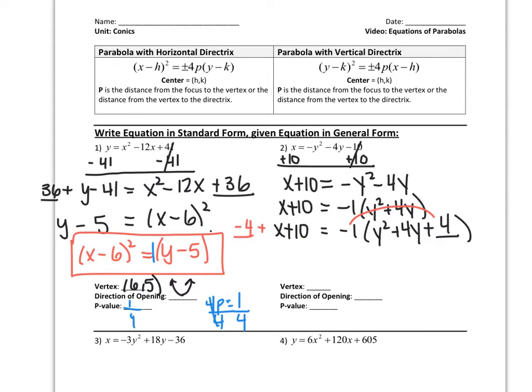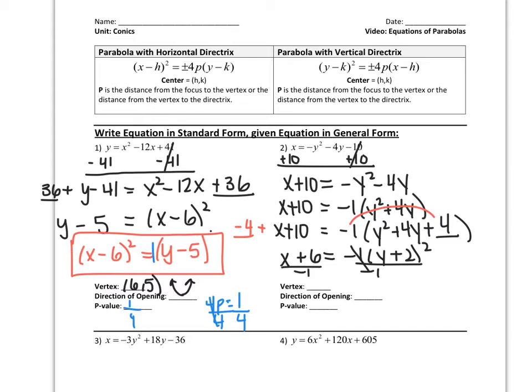If I combine the like terms over here, I have x, and then negative 4 plus 10 is a positive 6, so x + 6 = -1(y + 2)^2. Now technically this still does not yet look like the standard form. It has to be (y - k)^2 by itself, so we have to divide by this negative 1 here.